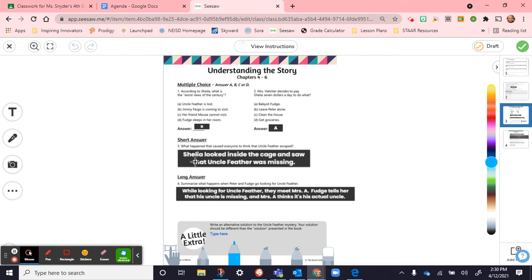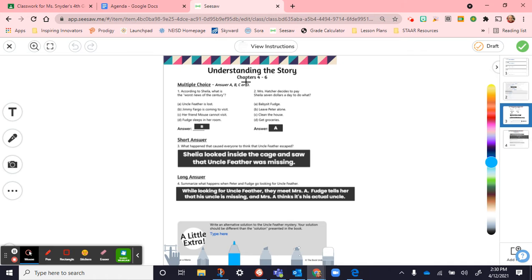Pages 3 and 4 we did together. These were comprehension questions, and we were going back over chapters 4, 5, and 6. Chapter 4, the worst news of the century, is when they first arrive on this vacation in Maine and discover some things.